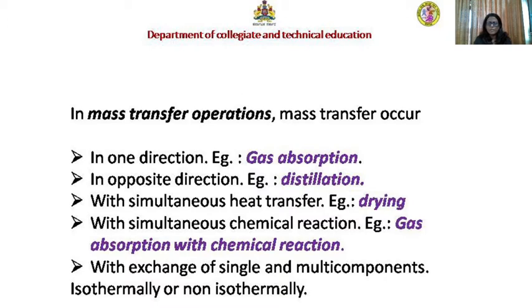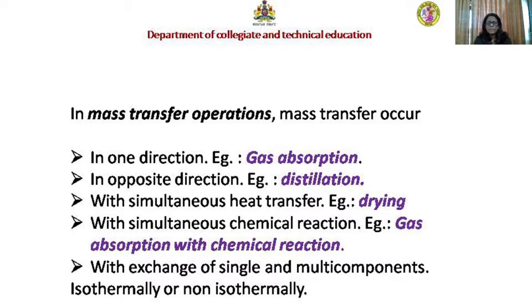Gas absorption is that operation where a gas mixture is contacted with liquid solvent and some components of the gas mixture get transferred to the liquid phase due to the difference in solubility of those components with the other components of the gas phase. So there is a transfer from gas to liquid phase in only one direction. So that is what is known as mass transfer occurring in one direction.